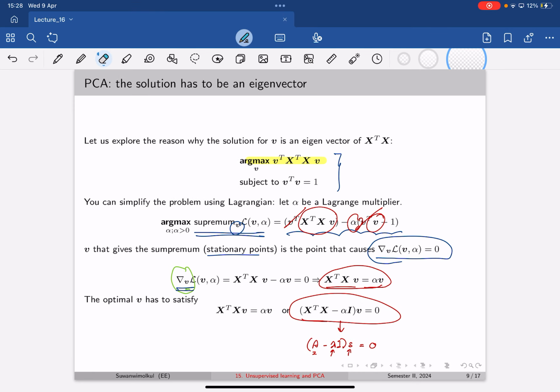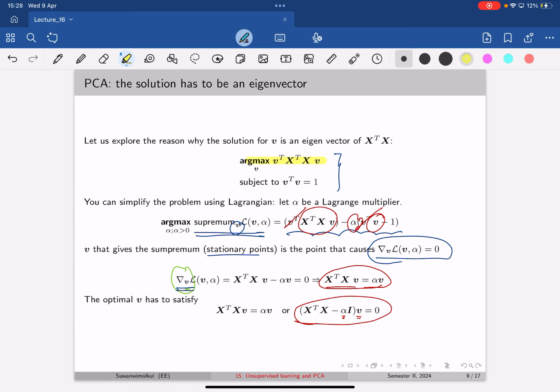So your solution is actually something that satisfies this condition, and it happens that whatever pair of alpha and V satisfies this condition are the eigenvalue and eigenvector.